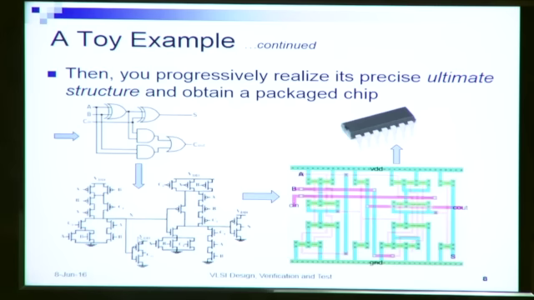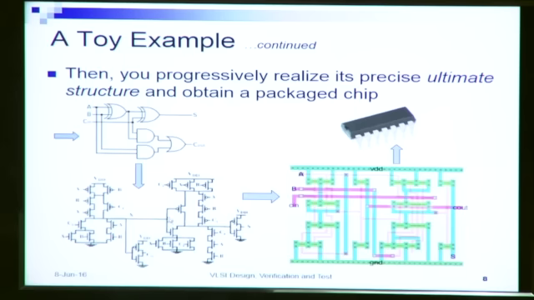From this design, we progress again more towards structure. This is a more structural representation. How should be the structure of this full adder application? And then this is a more detailed specification. How should these gates be implemented in the form of transistors? And then how should these transistors be laid out on the substrate? So we have this layout design.